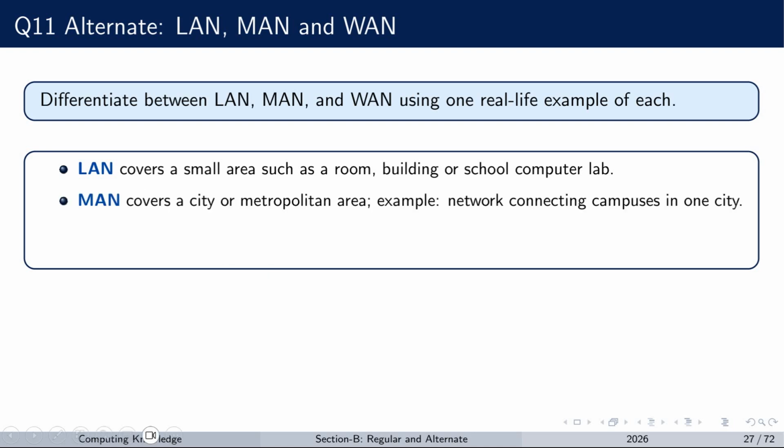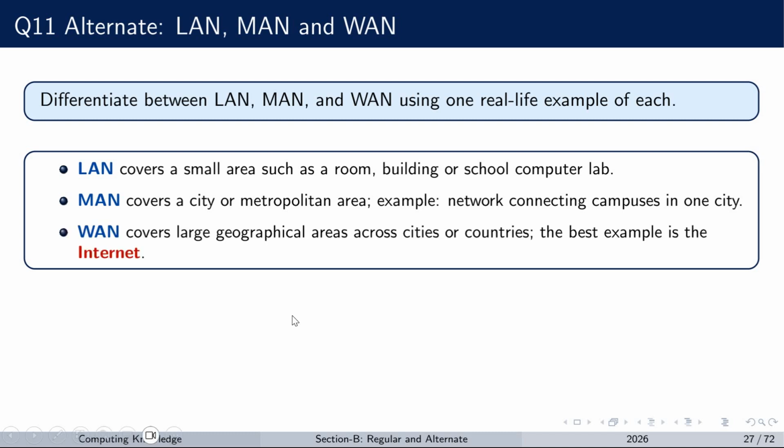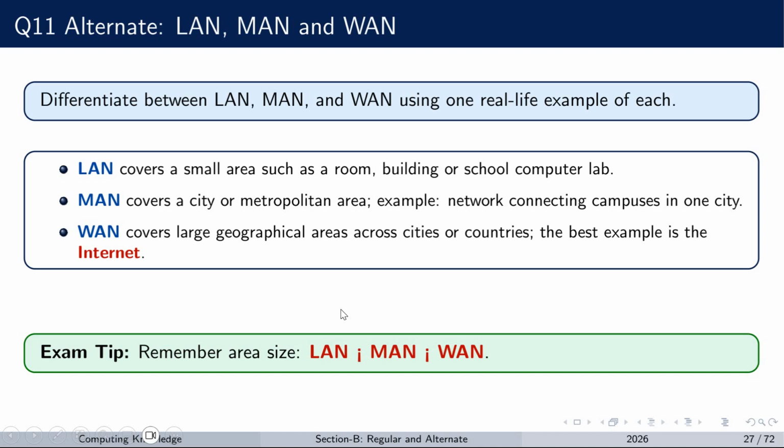MAN covers a city or metropolitan area, for example a network connecting campuses in one city. WAN covers large geographical areas across cities or countries. The best example is the internet. Exam tip: remember area size, LAN, MAN and WAN.